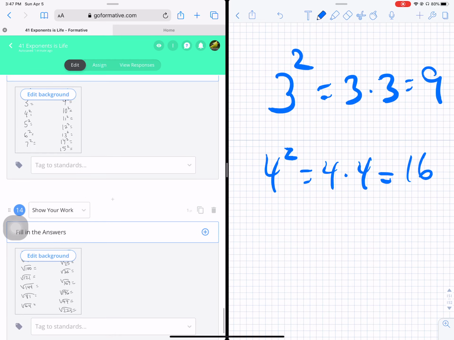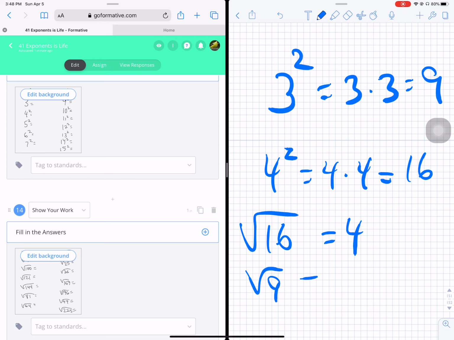And then the next one is actually the opposite, so you're doing square roots. The square root of a number is basically, for example, you see how I just did 4 squared is 16? Well, then the square root of 16 goes back to 4. Or the square root of 9, can you see what that would go back to? 3.